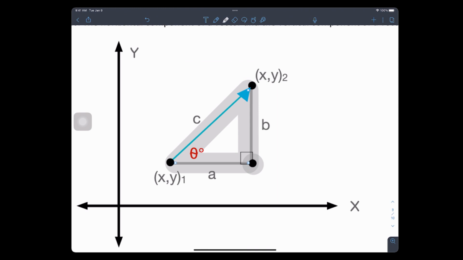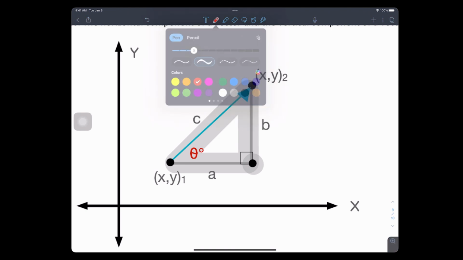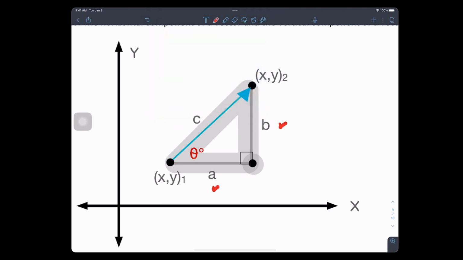And then all the information we need from like geometry, we can apply. Okay? And then now you have A, you have B, you have C, you have angle theta. So in some sense, we're just using geometry. Does that make some sense to you guys?